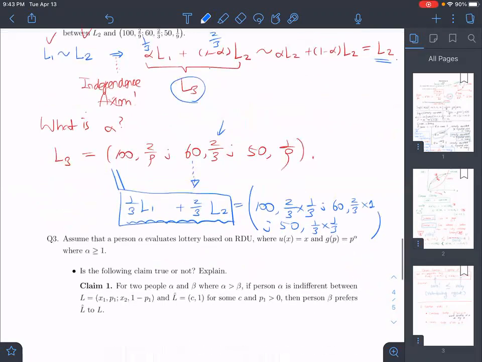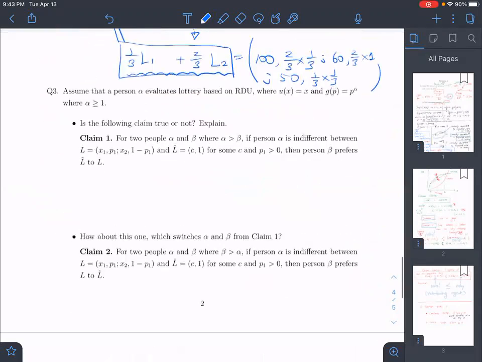Okay, so last question for today. Assume that a person alpha, we will call each person alpha, evaluates lotteries based on RDU, where U(x) is just x, and G(p) is p to the alpha.